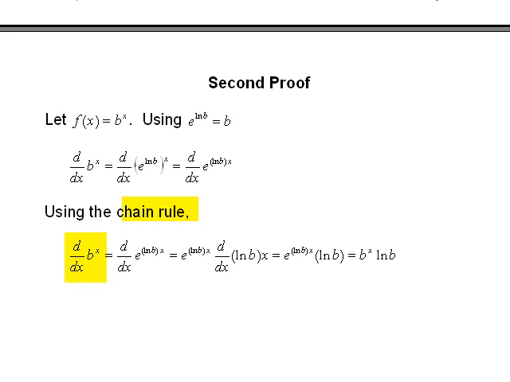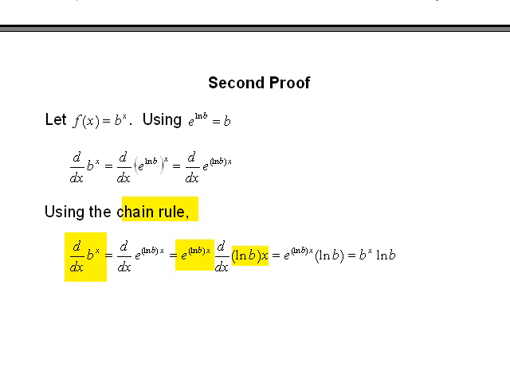Okay, the derivative of b to the x is the derivative of e raised to the natural log of b times x. I know how to take the derivative of e to the x. That is just e to the x. So that term will just come out. Now by the chain rule, I now have to take the derivative of natural log b times x.